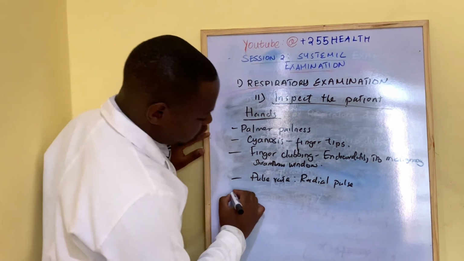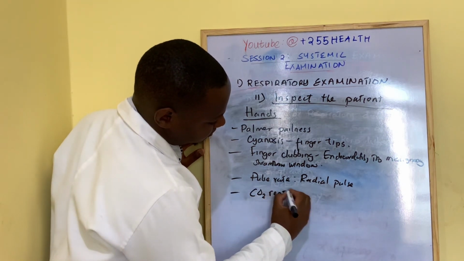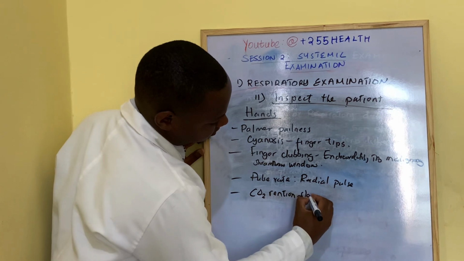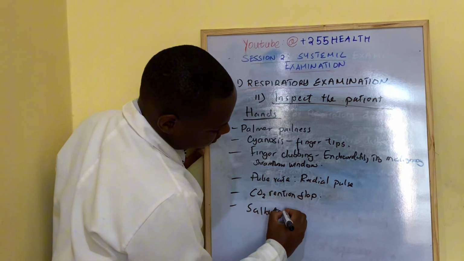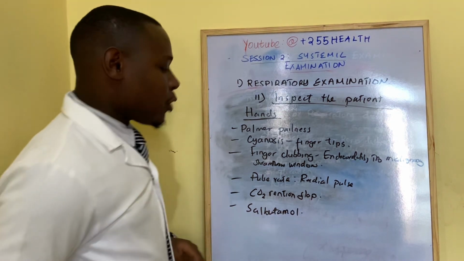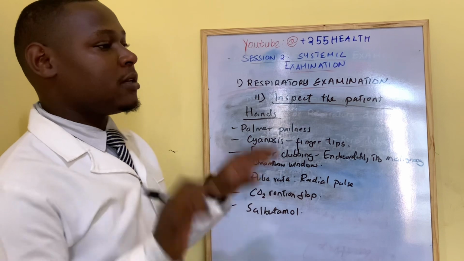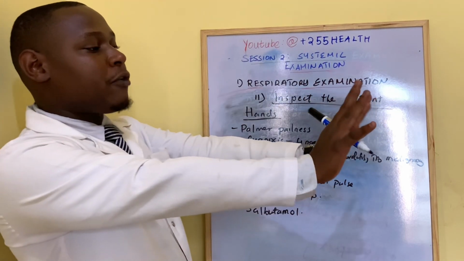And then there's another thing you should take note of, which is the carbon dioxide retention flap and the salbutamol one. Yes, in this part, you're going to tell your patient to put his hands open like this, and then you're going to check for any signs of tremors.